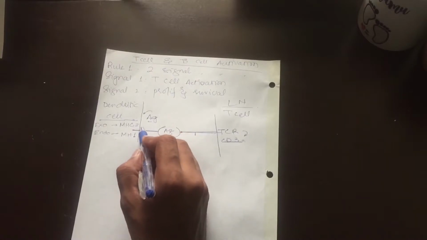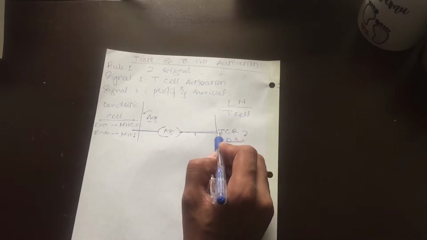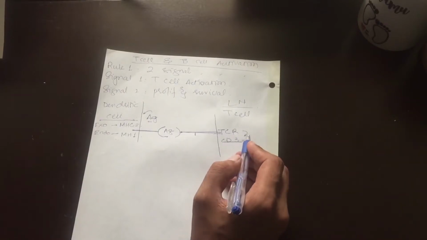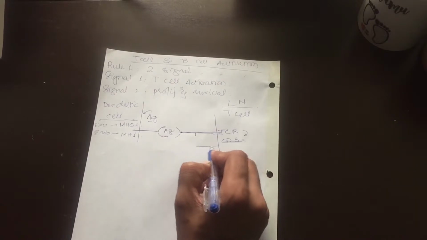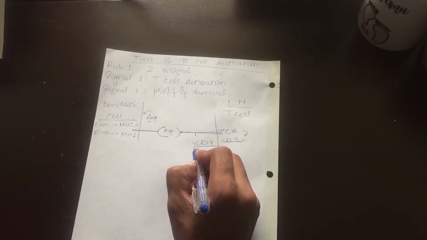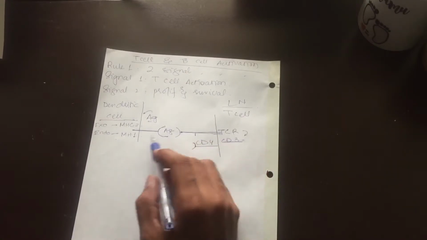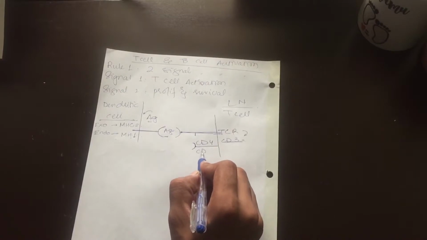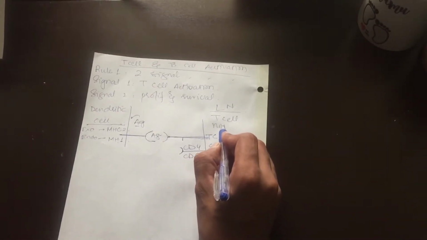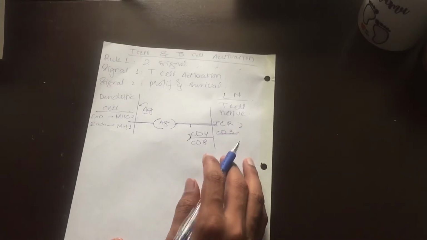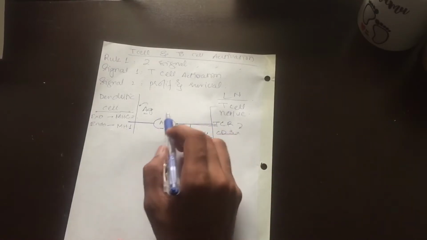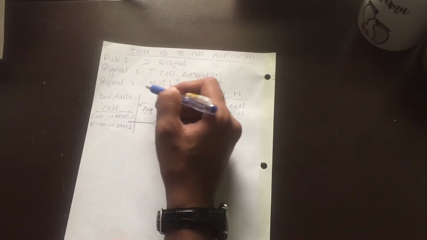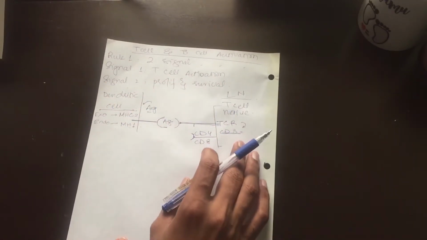So if MHC 2 is expressed and binds to the TCR, then the TCR transduces and releases the CD4 receptor, and if the TCR recognizes MHC 1, then it expresses CD8. So this is called T cell activation, in which we just give antigens from the APCs to the T cells.